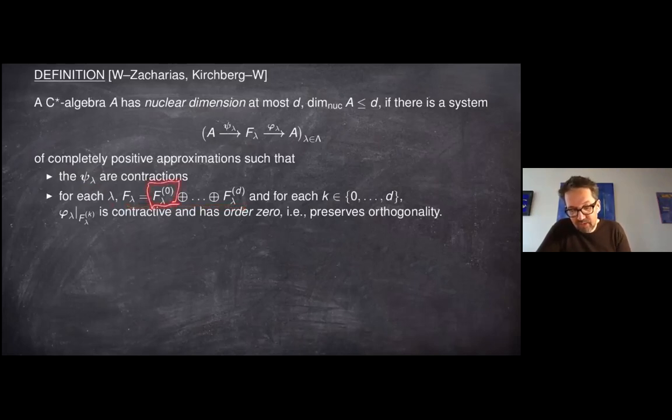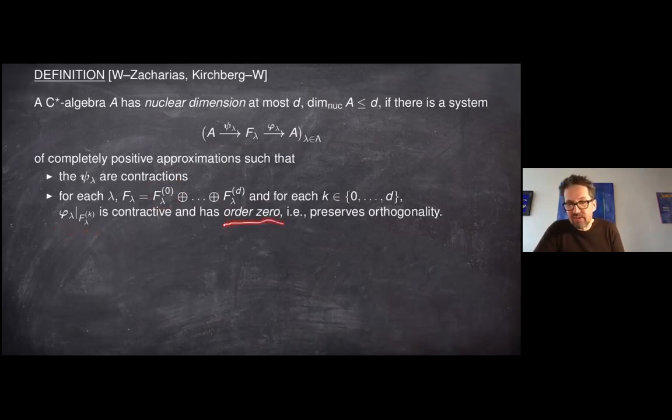So these are finite dimensional C-star algebras, each one of them not necessarily a matrix algebra. In general, each F lambda i will be a large sum of matrix algebras itself. And for each of these blocks, if I restrict phi lambda to one of those, then I want this restriction to be contractive, and I want it to have order 0.